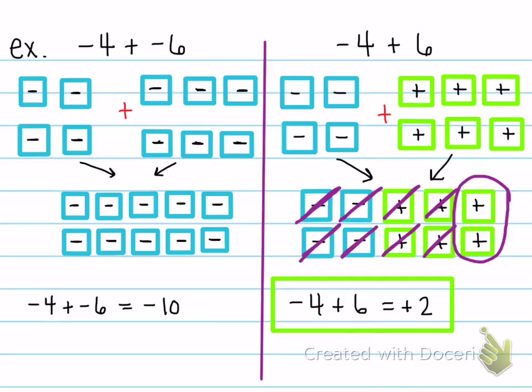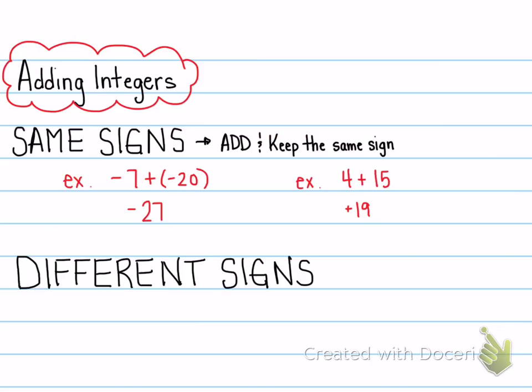There were more positives than negatives, so it turned out to be positive 2. So when we're looking at different signs, we're not actually adding. You subtract and give the sign of the bigger absolute value.